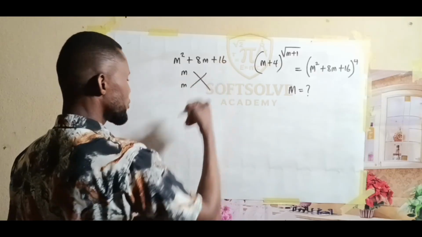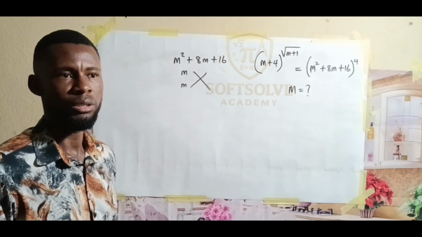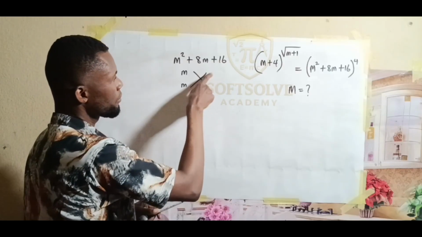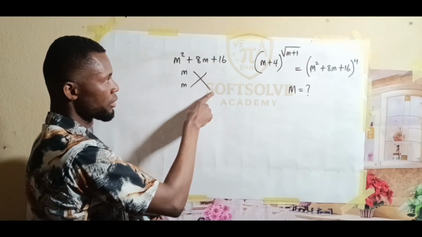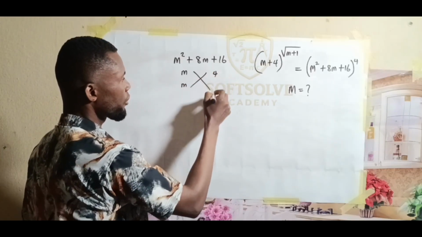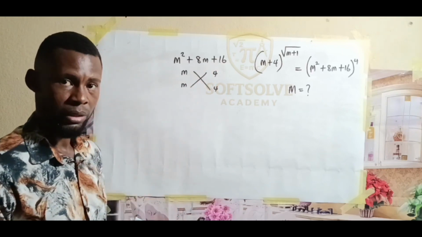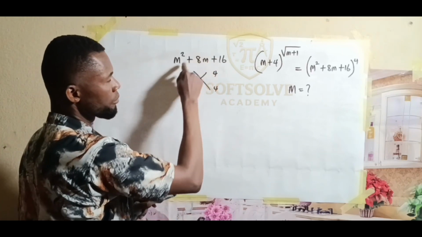I will also break this 16 down into two factors of 16 that, when we place them here and here and multiply them together, we'll have 16. Let's start with 4 and 4. 4 times 4 is 16. That's correct. So let's check for the middle term.